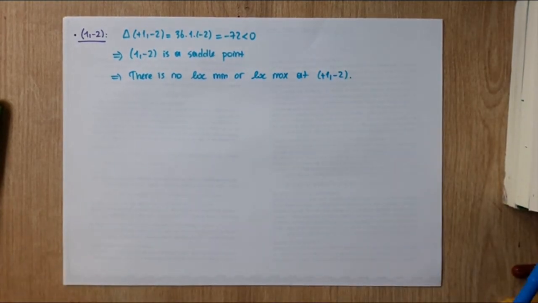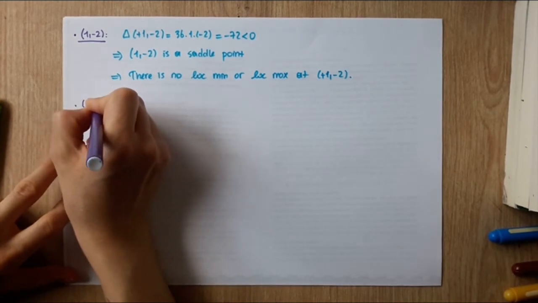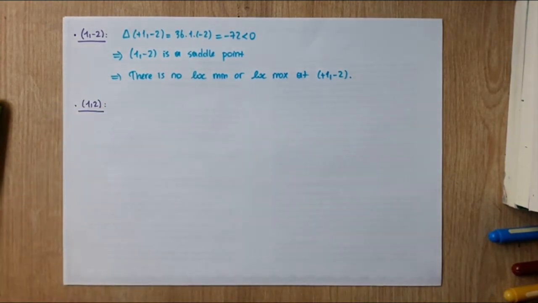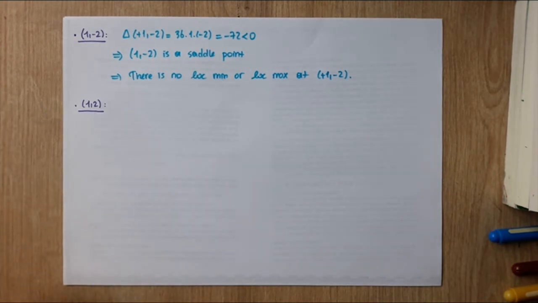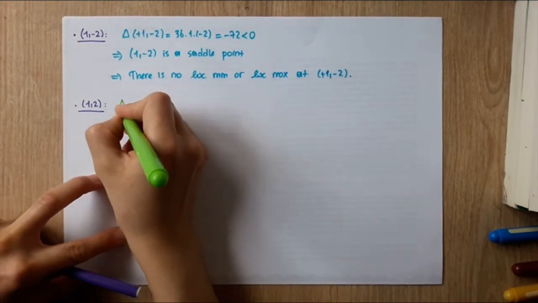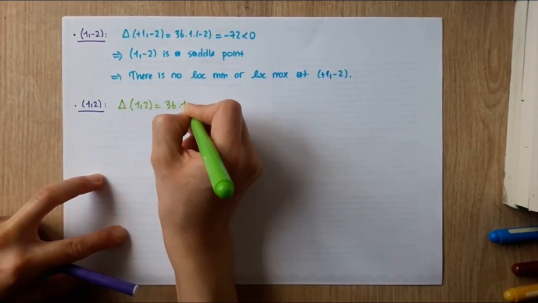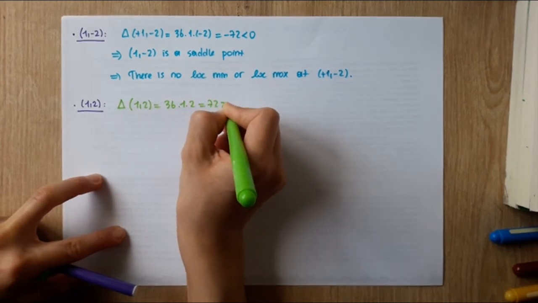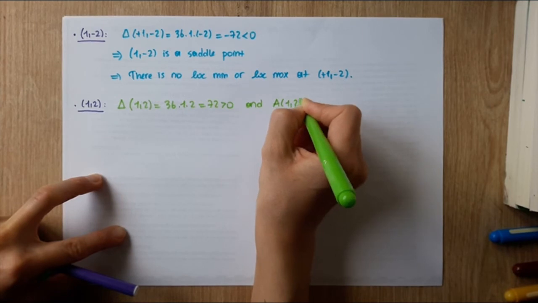And we have one more point, which is 1, 2. To decide the type of this point, we again calculate delta, which is 36 times 1 times 2, and I have 72, which is greater than 0. So I need to check the sign of a here.